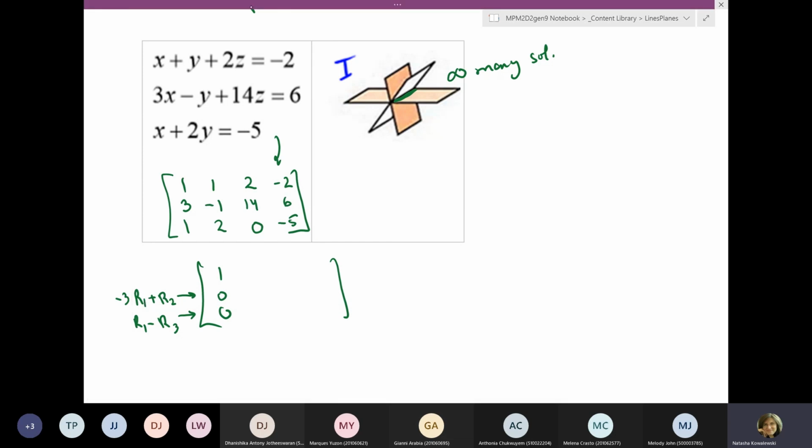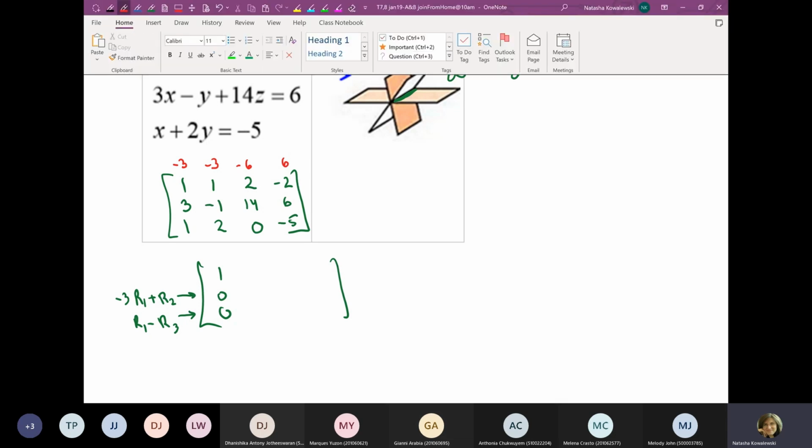I like to see my rough work in a different color, so I'll start doing that. It will allow me to change my color. Here we go. So -3 multiplied with row 1, I'll put it up top. So that would be -3, -3, -6, and +6.